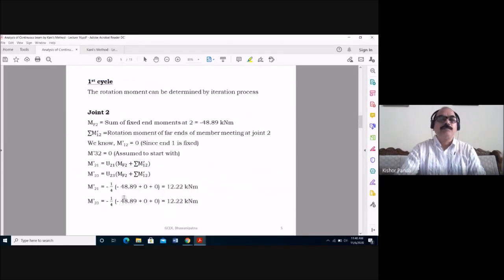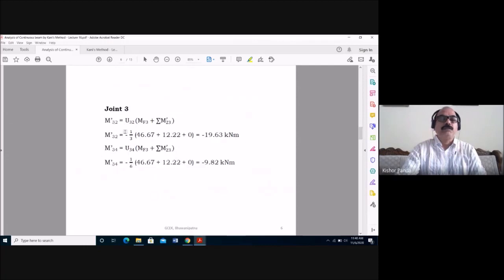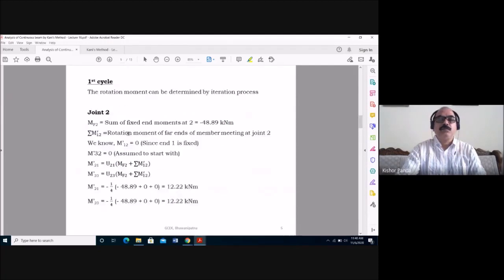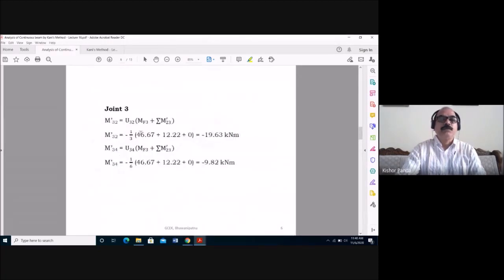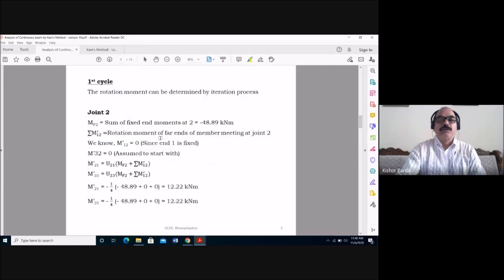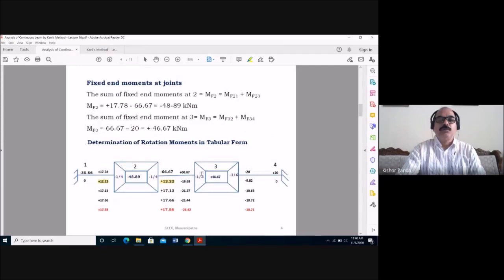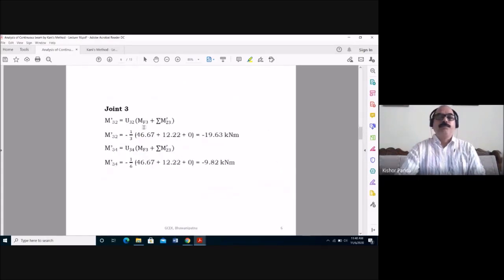So this is the formula. So at joint 3, m dash 32. You have to find out m dash 32. M dash 32 equals u32 into mf3 plus summation of m dash 23. You know the rotation factor u32 is minus 1 by 3, and mf3 you know is 46.67.